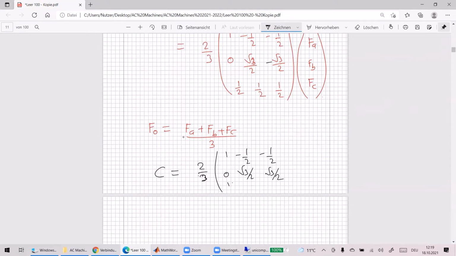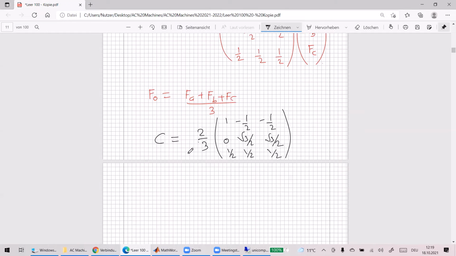If you see some mistakes in writing, like minus or FA, FB, or FC, please tell me that. So this is our Clarke transformation matrix.